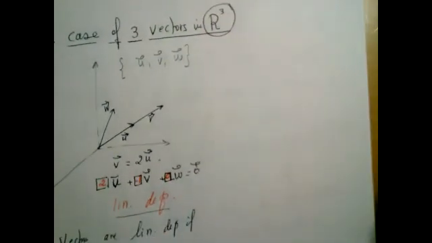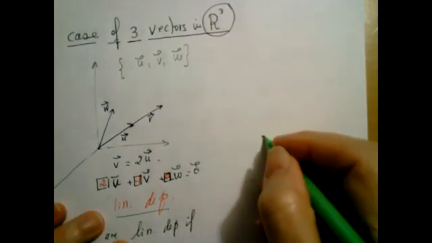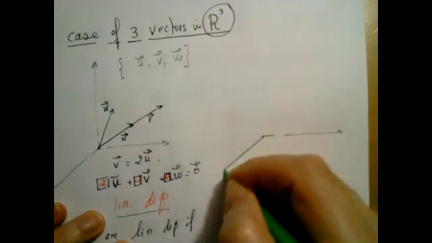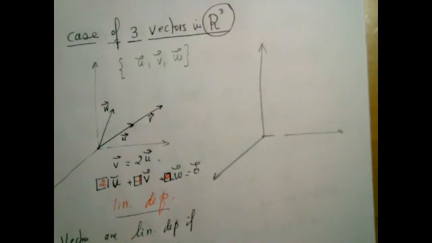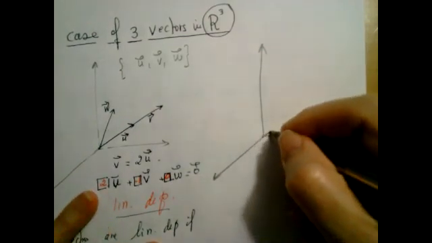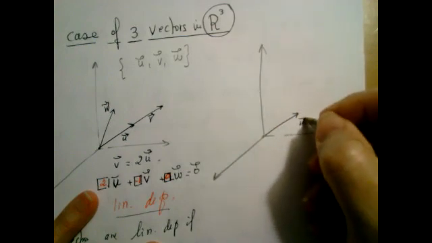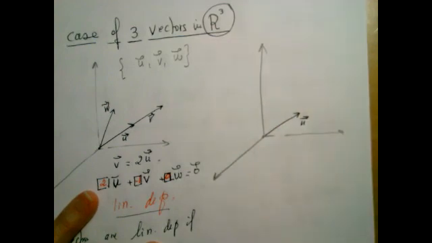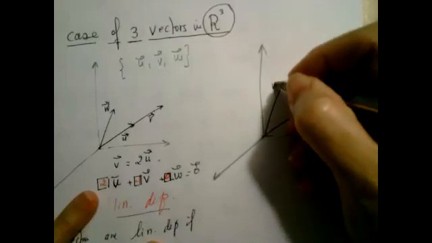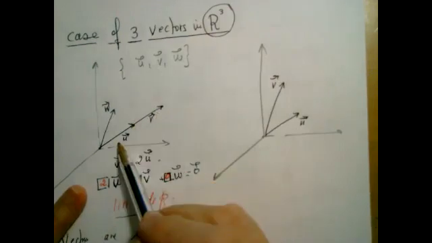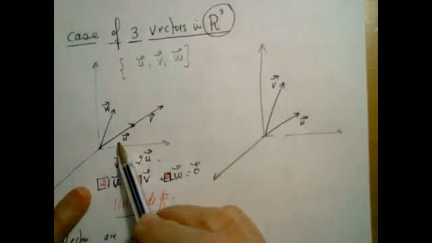So now another scenario. This is again my R3, my background. And now I have my vectors. This is my U. I'm not changing my U. And this is my V. So now I did not put V as a scalar multiple of U. I dropped this condition.